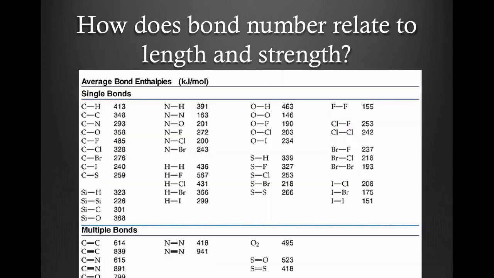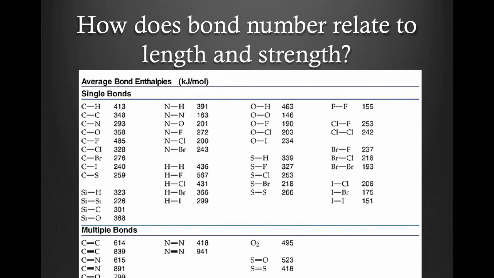Now let's look at energy. So if we look at carbon-carbon single bond, we see that bond enthalpy is the amount of energy I need to put in to break the bond. So that basically is equal to the amount of energy that came out, that was released when I made the bond. So if I look at the carbon-carbon single bond, 348 kilojoules per mole are necessary to break that bond.